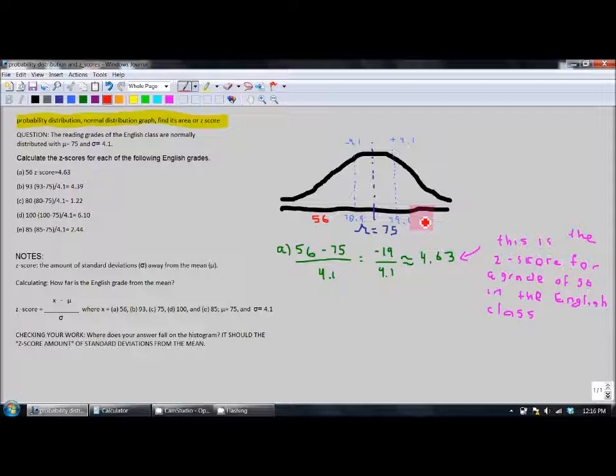A grade of 80 is for part C. A grade of 85 is for part E. And you have a grade of 93 for B. Sorry, I'm trying to go in numerical order, so I'm jumping around. And then for part D, you have a score of 100.